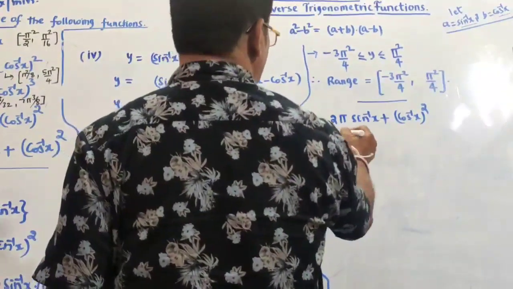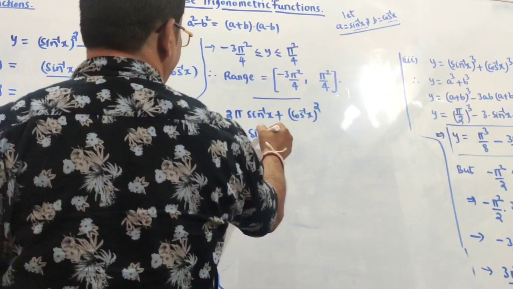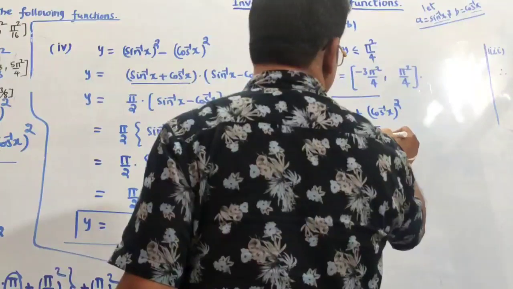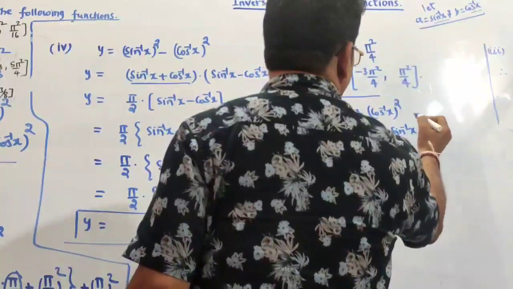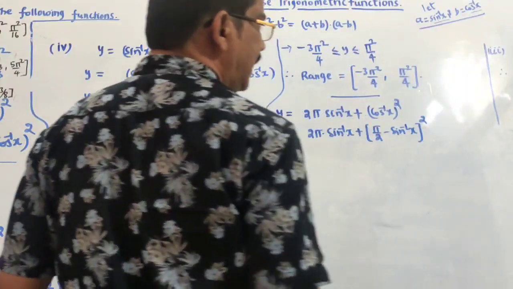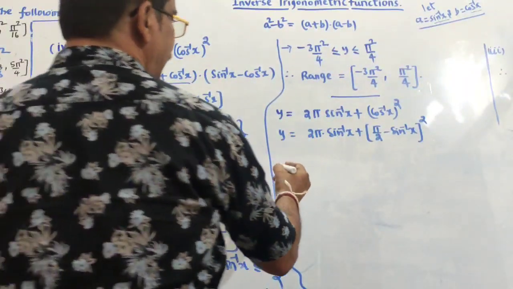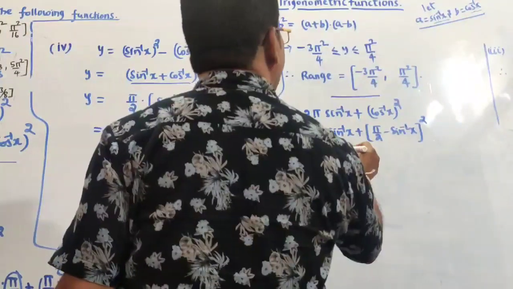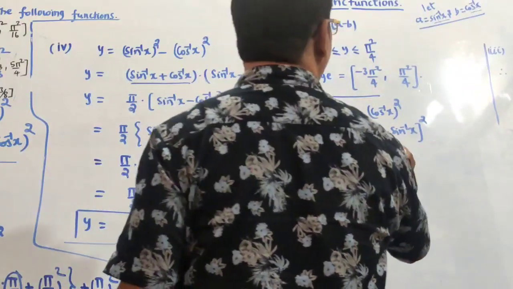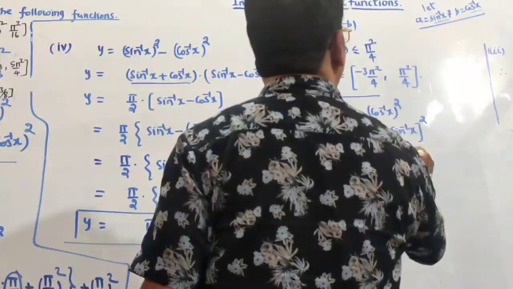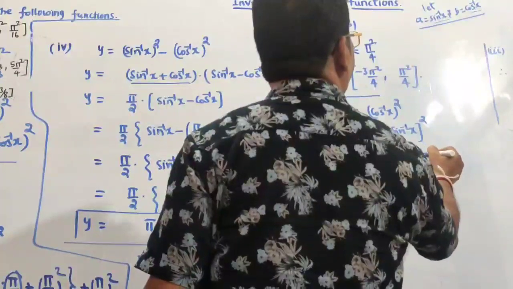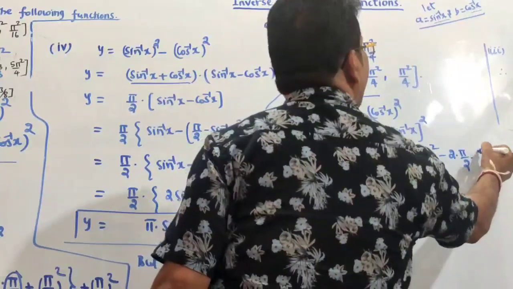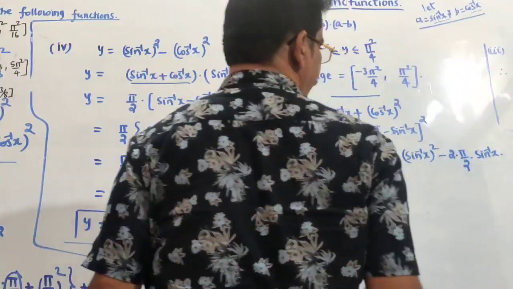So y equals 2 pi into sin inverse x plus, in terms of sin inverse, pi by 2 minus sin inverse x whole square. Later we apply the a minus b whole square formula. So y equals 2 pi into sin inverse x plus a square plus b square minus 2ab.